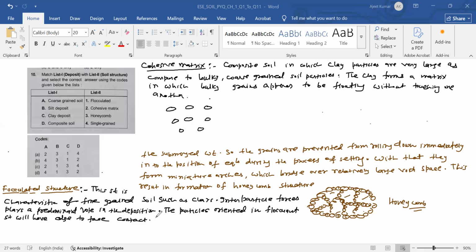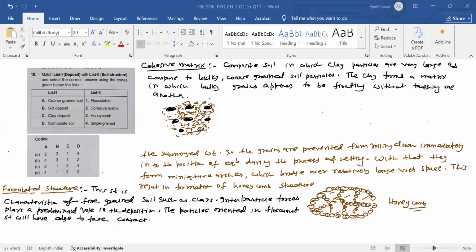And this is clay particles filled around the bulky particles. This is called cohesive matrix.